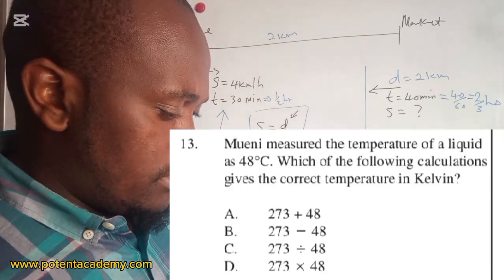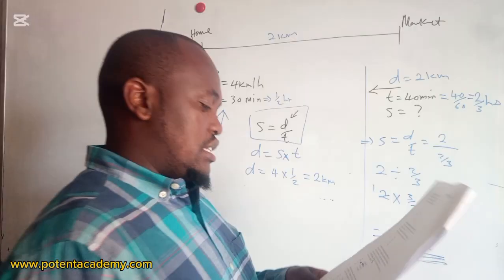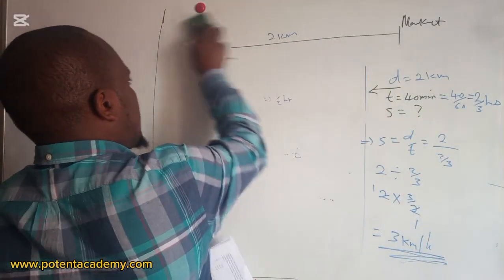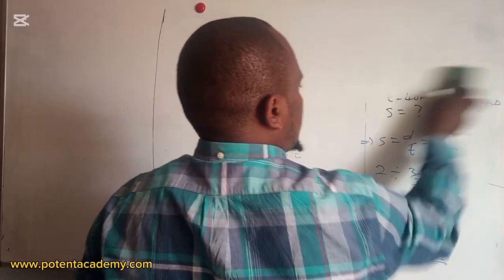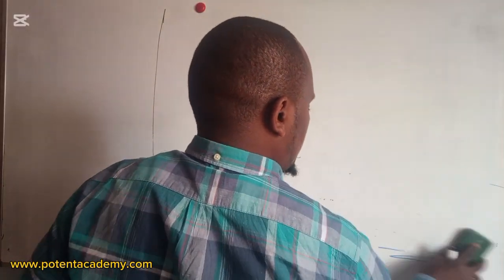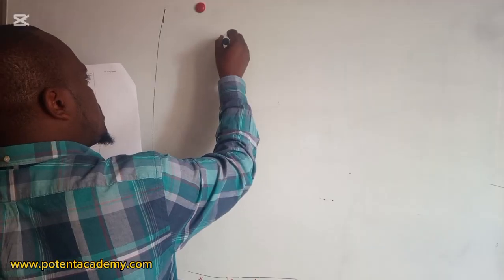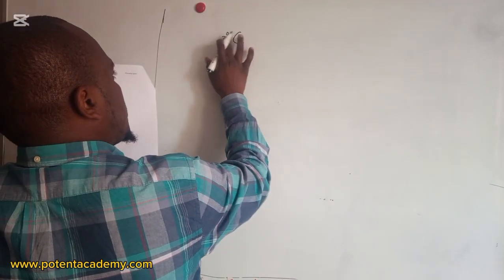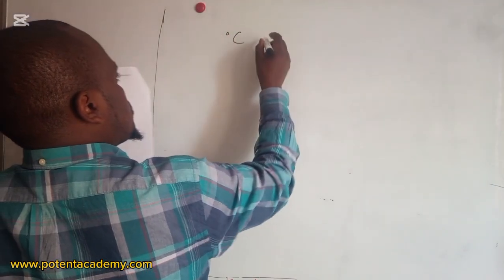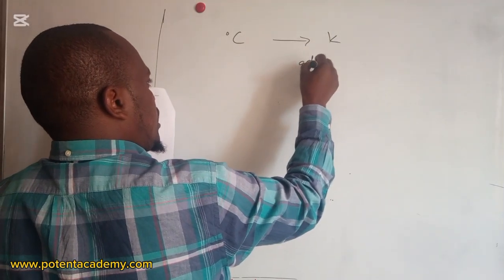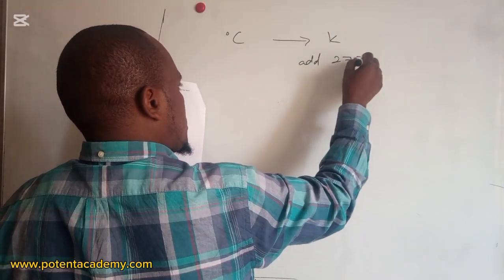We know that when you want to convert degrees Celsius to Kelvin, what do you do? So when you are converting from degrees Celsius to Kelvin, you add 273.